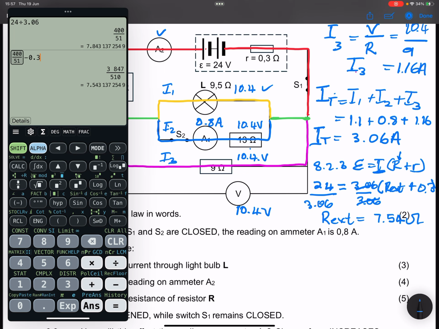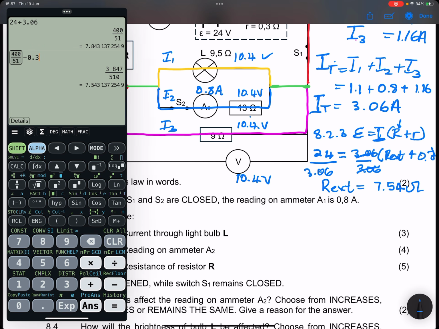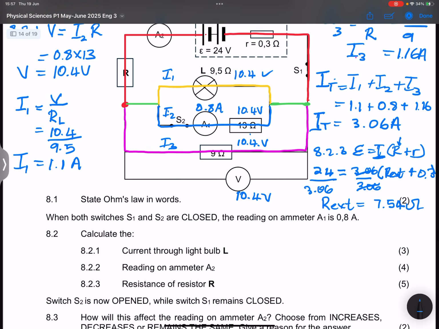Now guys, I want you to note, which means it's all your parallel resistors combined together with R.